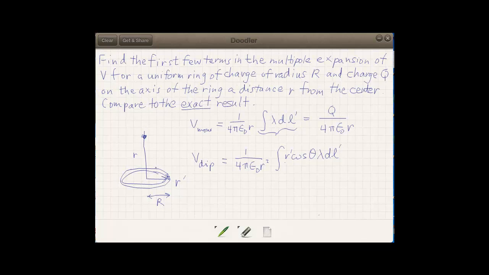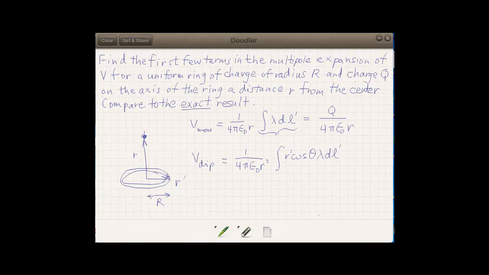And the angle theta is always the angle between the r prime vector and the r vector. And just as a little bit of a review, the r vector goes from the origin to the point in space where we're trying to find the potential. The r prime vector goes from the origin to the element of charge that we're considering, which is the little dq that I've indicated on the sketch with a shaded arc.